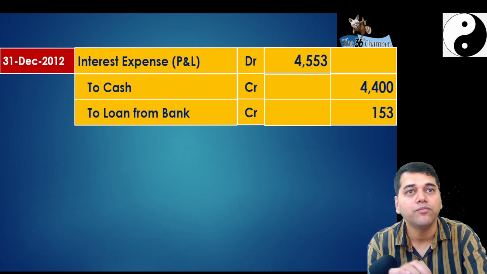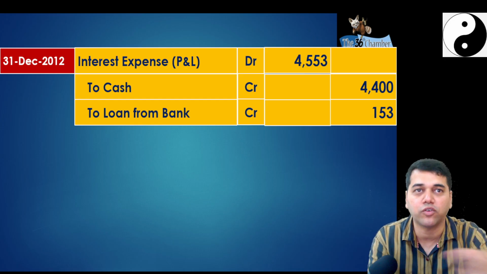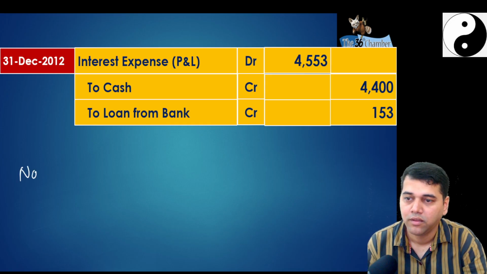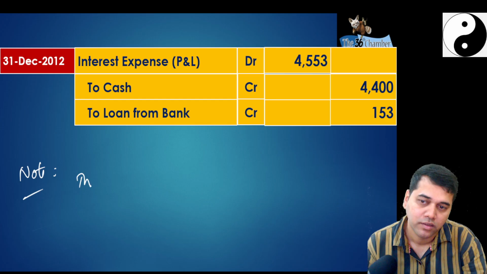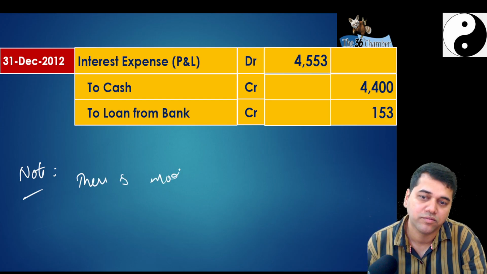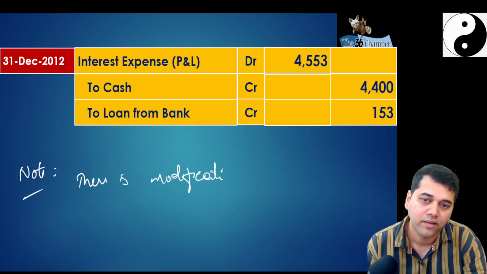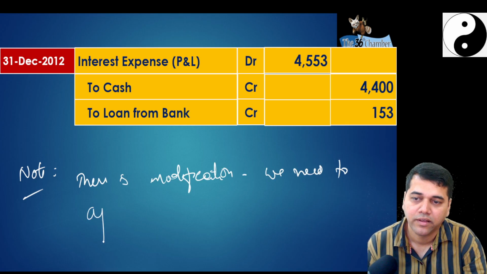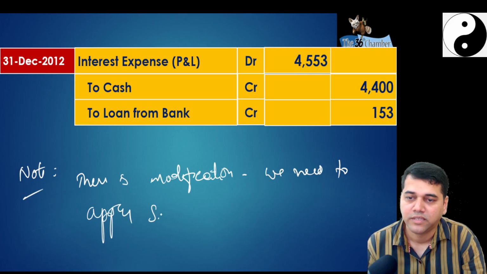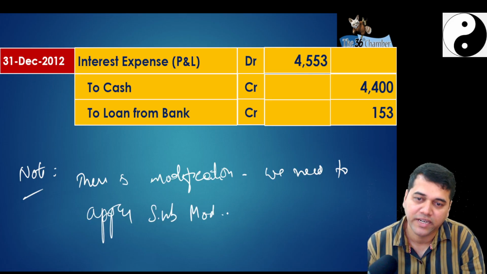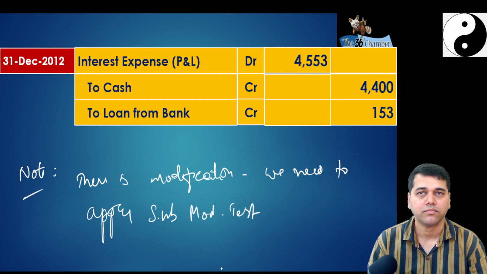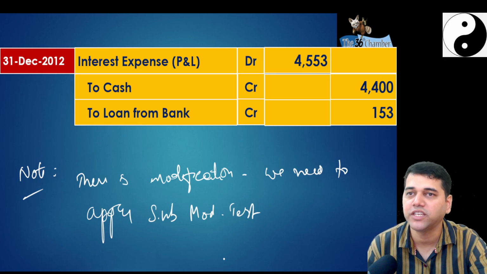But wait, the problem comes: I went to the bank for negotiation. Right, note, there is a modification. We need to apply the substantial modification test, sub-mod test, because there is a modification now.